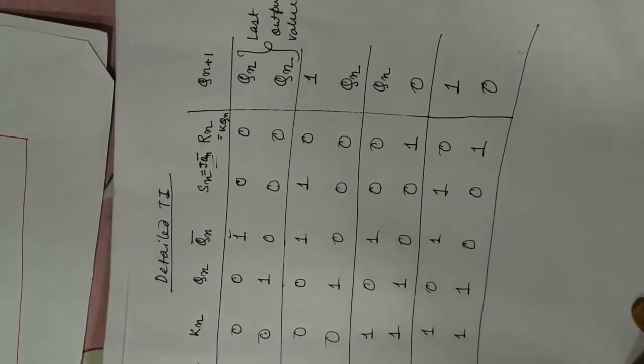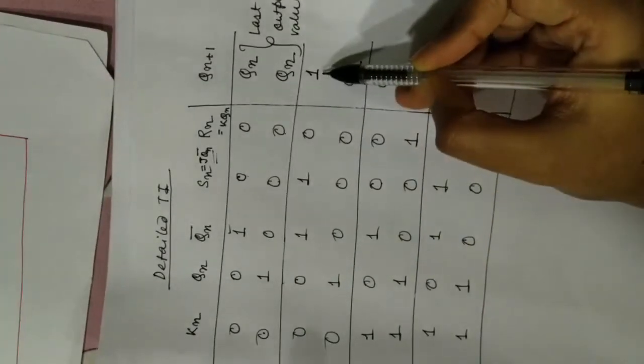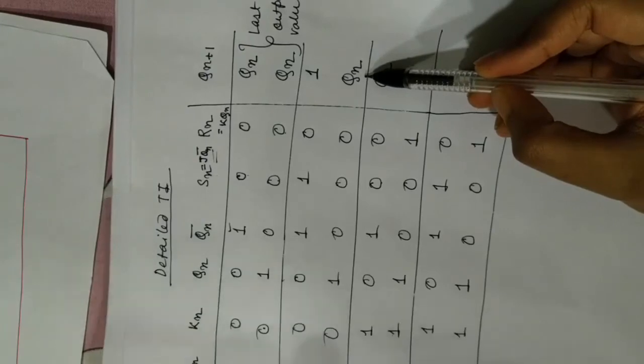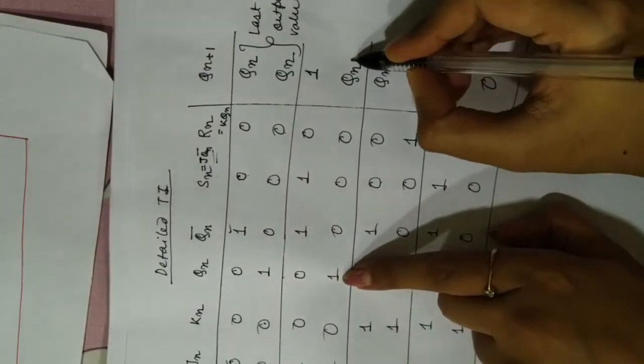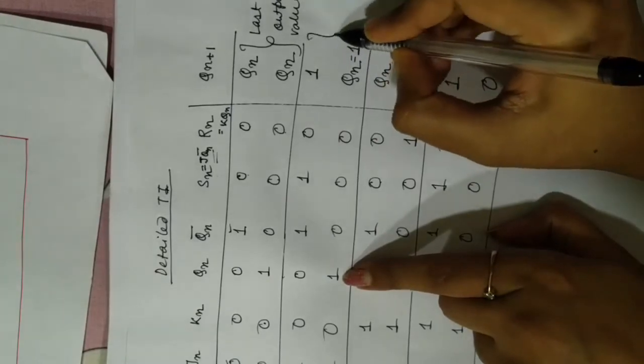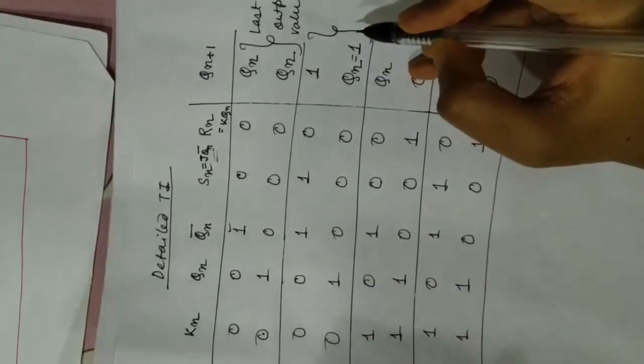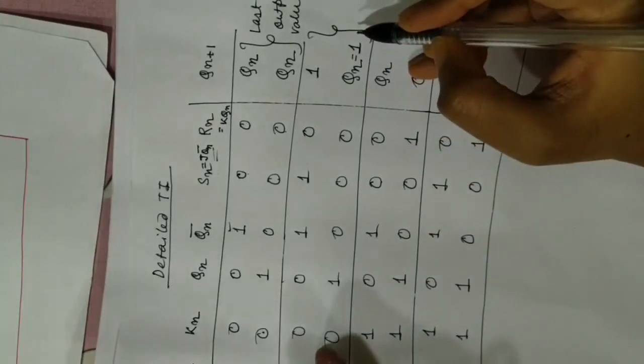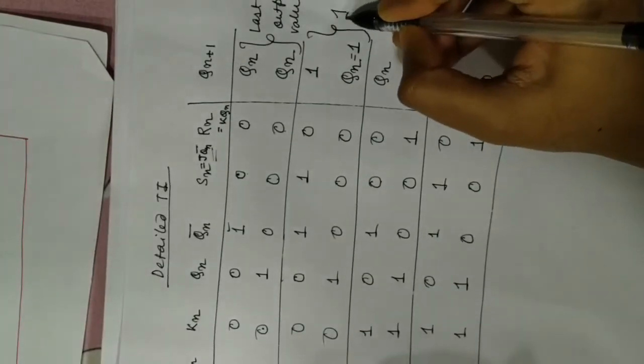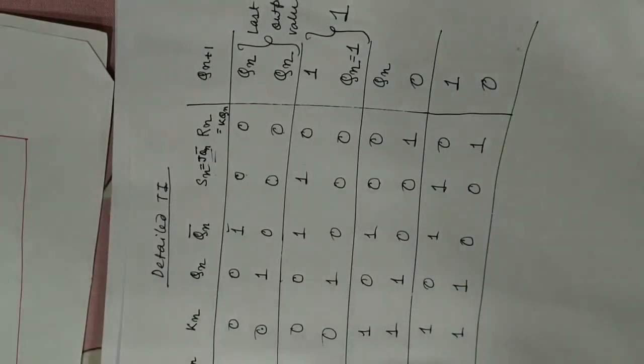Now in this case we have J 1 and K 0. In that stage what happens? Over here we have got 1, right? In the next stage we have got Qn, and if we look into the table, the value of Qn is equal to 1, right? So we can conclude when J is equal to 1 and K is equal to 0, we get a 1, right?